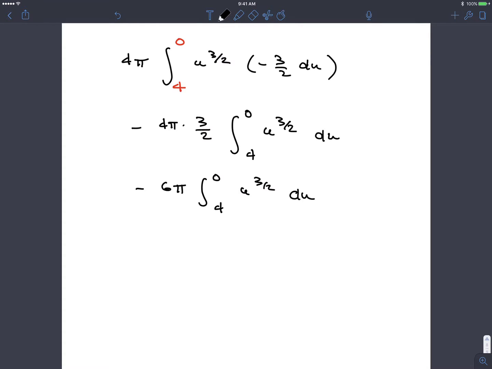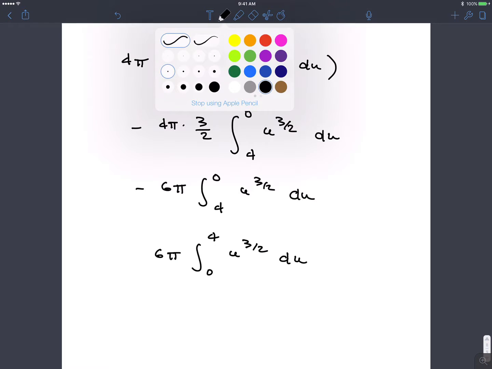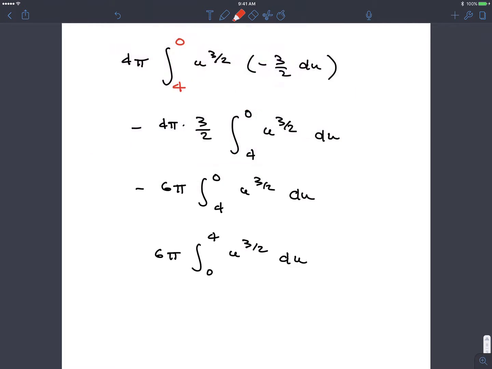Now, is this valid? What did I do? You see this negative sign? You see my limits? I can switch my limits. What's the price you pay for switching your limits? The sign, yes. And now it looks like we're pretty good. Is that right? Okay.